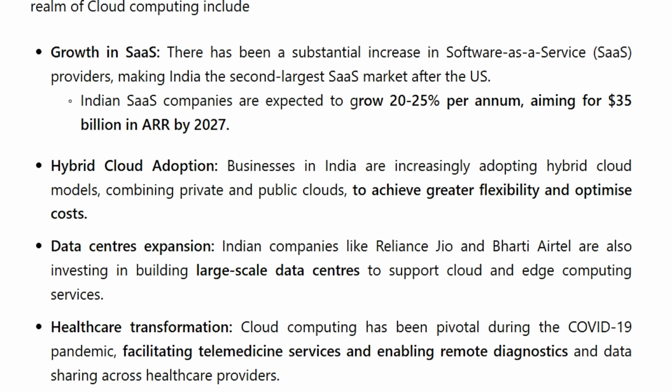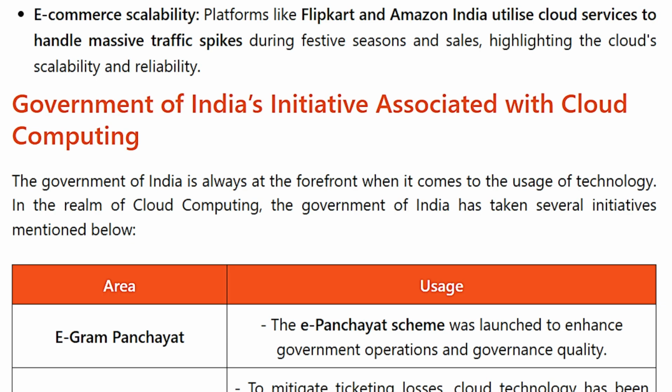Cloud computing has been pivotal during the COVID-19 pandemic, facilitating telemedicine services and enabling remote diagnostics and data sharing across healthcare providers. E-commerce scalability. Platforms like Flipkart and Amazon India utilize cloud services to handle massive traffic spikes during festive seasons and sales, highlighting the cloud's scalability and reliability.